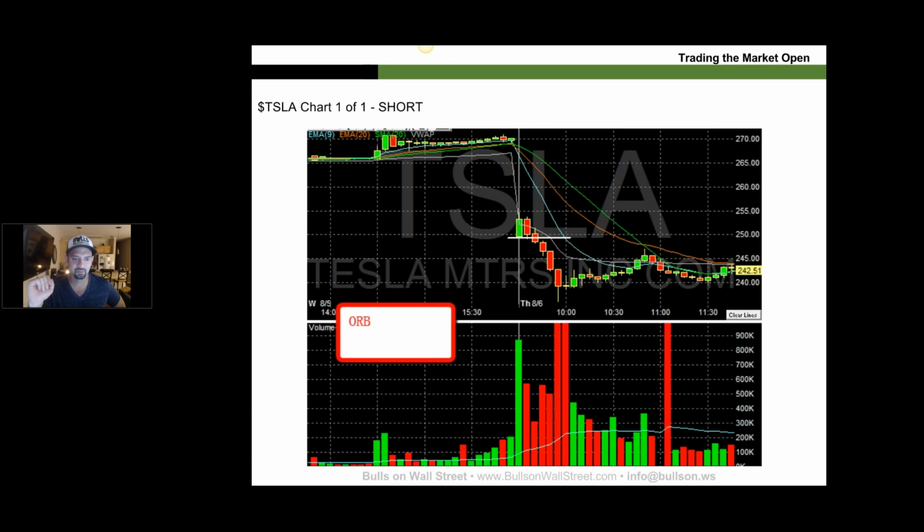Think about this. If you saw volume, that means there were a million other traders already in it. So there's a good shot the breakout was before that. If the volume was there, then the breakout already happened because everybody already got into it.